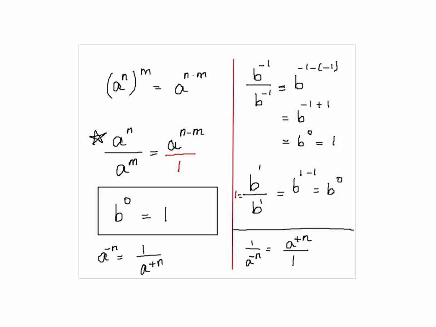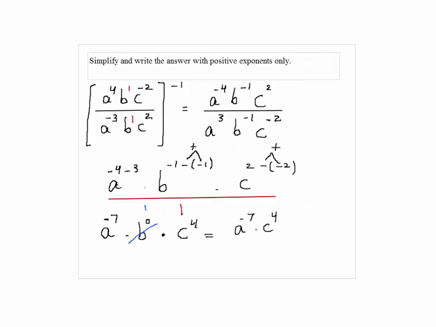So I can change the exponents from being negative to positive by placing it into its opposite position. If it's at the top of the fraction, I can bring it down to the bottom of the fraction, make it positive, or if it's at the bottom of the fraction, I can move it to the top of the fraction. That's how I can make it positive.